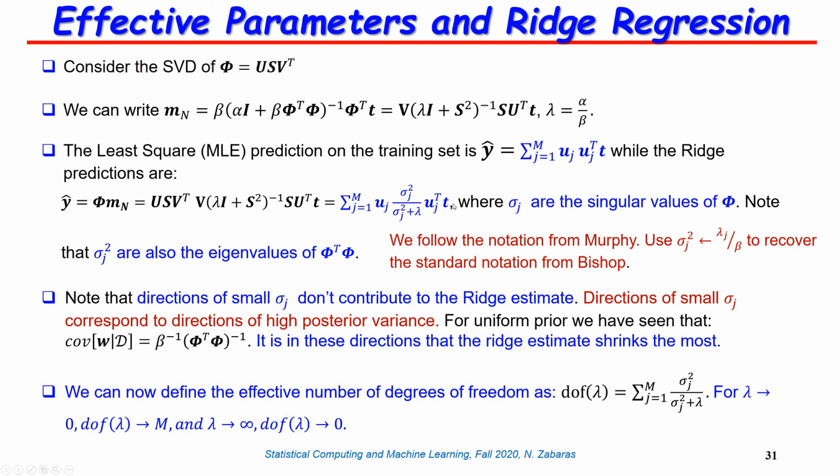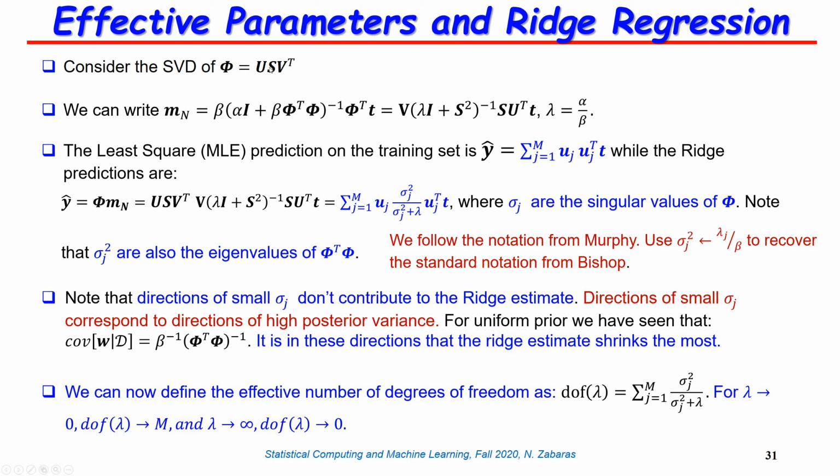Take your target vector t of your training data, project it onto each of the columns of the matrix U, scale it by sigma j squared divided by sigma j squared plus lambda, and of course in every axis these are projections onto the different axes uj. These are the columns of U. That's your Ridge estimate. And what is sigma j squared?